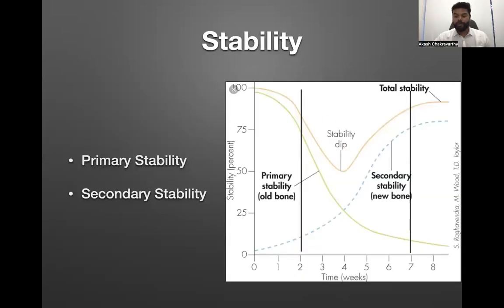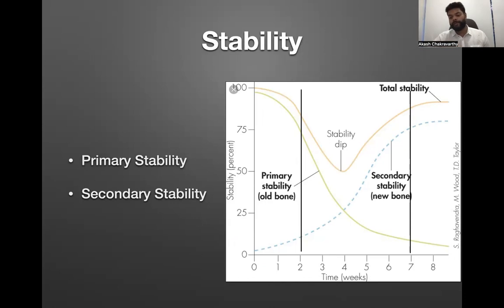Okay, so any implantologist should be familiar with this graph. It is an implant stability graph. So you see when you place the implant in the beginning, you get a stability that is called primary stability. And after 3 months or 6 months, when the implant has integrated, that is called secondary stability.